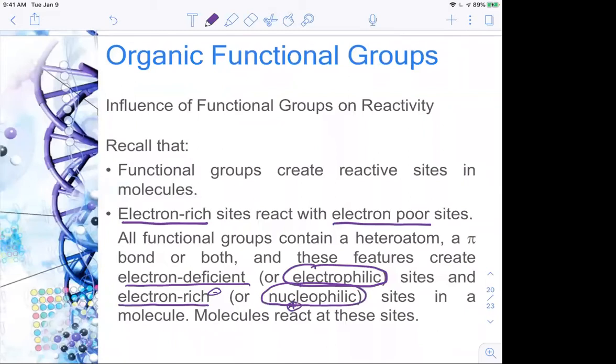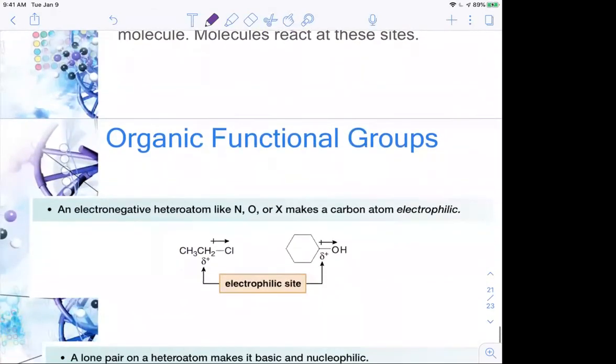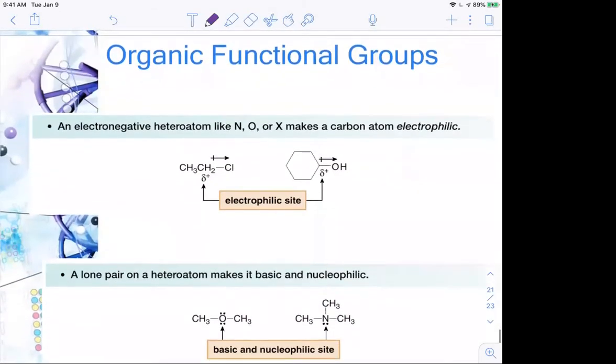So I have to look at the structures, figure out where I have electron rich sites, where I have electron poor sites, where I have my heteroatoms, my pi bonds, or both, and I have to figure out what happens. Electron rich always goes to electron poor when we talk about this. So here, I have an electronegative chlorine. This is a polar bond, a polar carbon-chlorine bond.